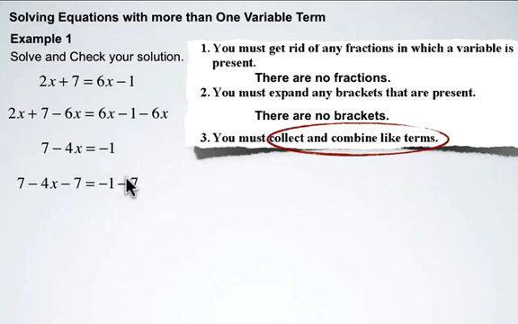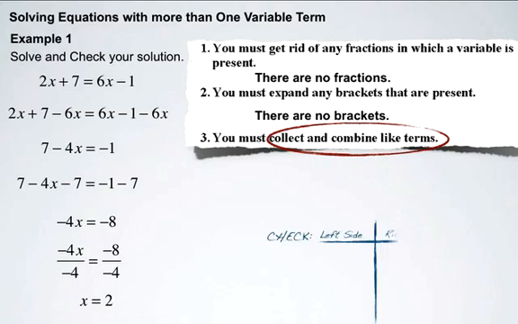I subtract 7 from both sides, and I end up with -4x is equal to -8. This -4 is attached to my x through multiplication, so I'm going to divide both sides by -4, and I end up with x equals 2. A negative divided by a negative is a positive, and 8 divided by 4 is 2.